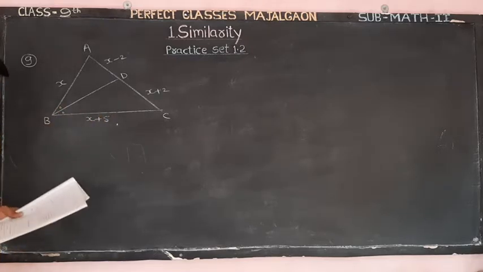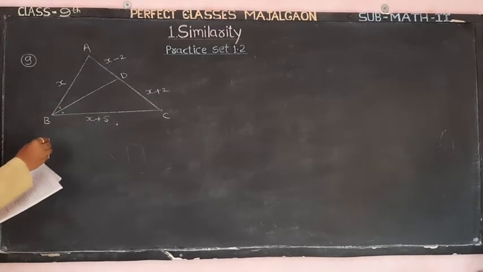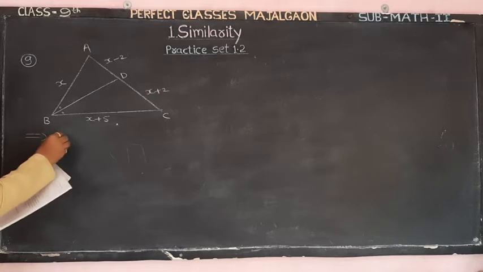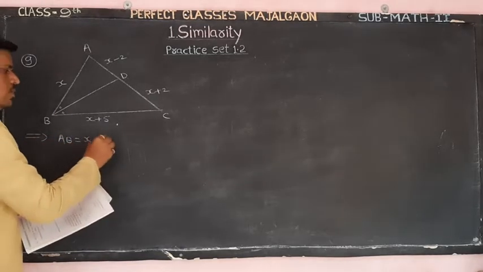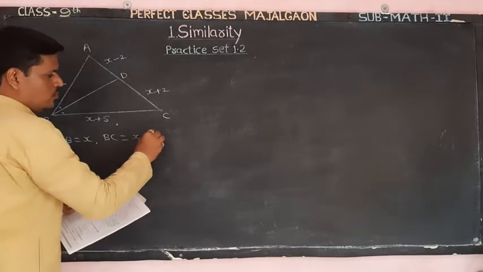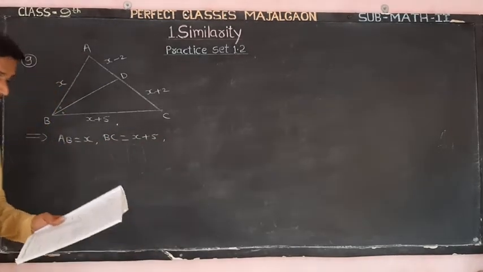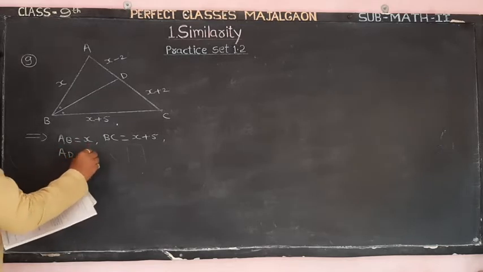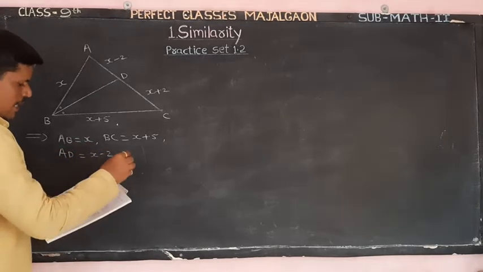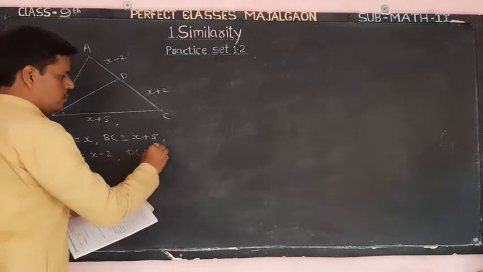These two are the same. I will write the given part: AB equal to x, BC equal to x plus 5, AD equal to x minus 2 and DC equal to x plus 2.